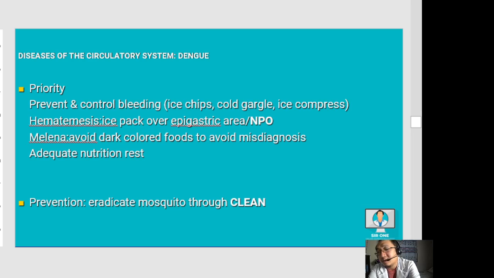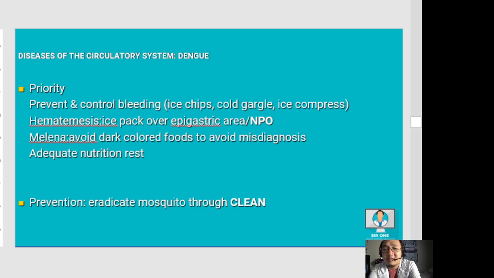So that we do not confuse whether it's the color of the food they have eaten, it's advisable that they avoid eating or drinking dark colored foods and drinks.